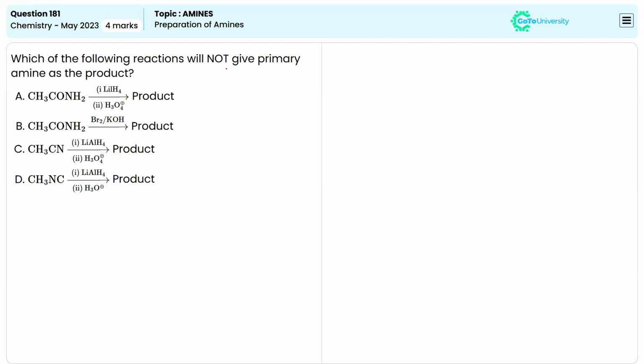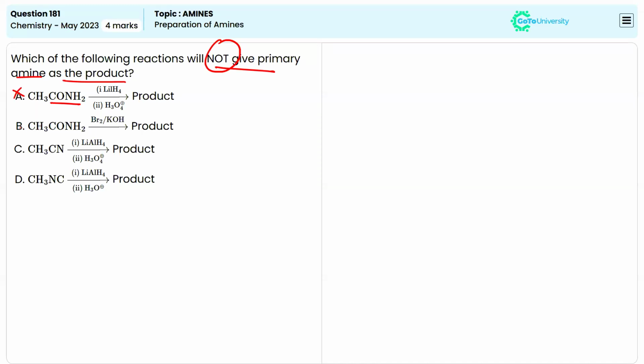We have to find out the reaction which will not give a primary amine as the product. That is the question. So the first one is an amide, they can produce it, right? So this is not the correct answer.